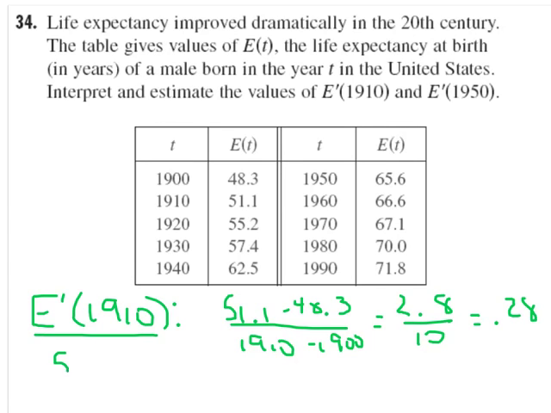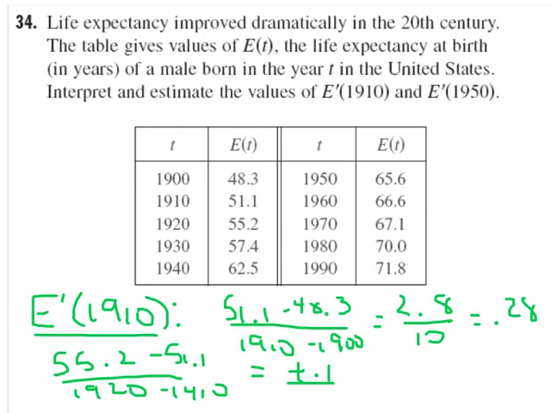And then another slope would be 55.2 minus 51.1 over 1920 minus 1910. And this one I could subtract easier because I don't have to borrow in my head, over 10. So this is 0.41.